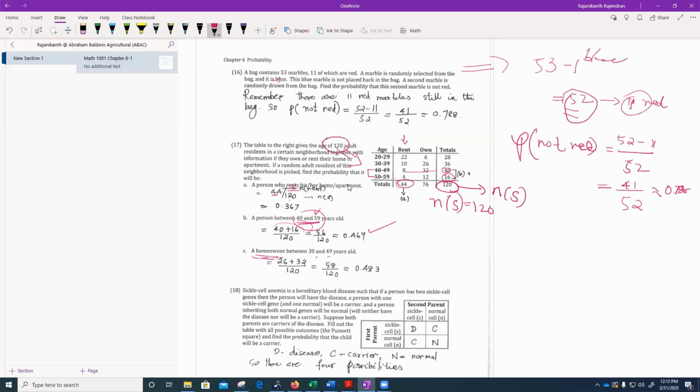Therefore, 30 to 49 is these two. But we are looking for the owners, so that means these two, 26 and 32, out of 120. So this box is going to be my part C answer.